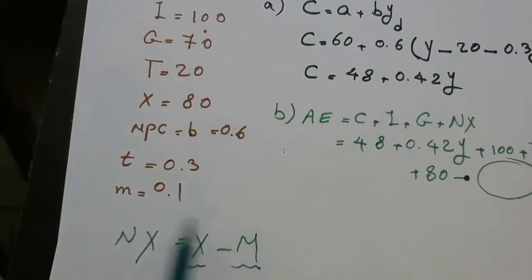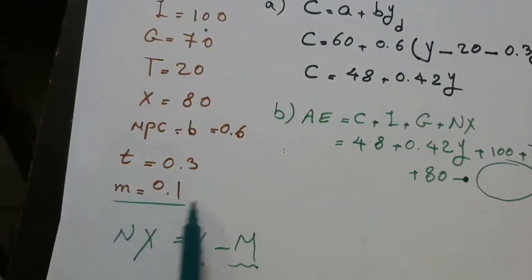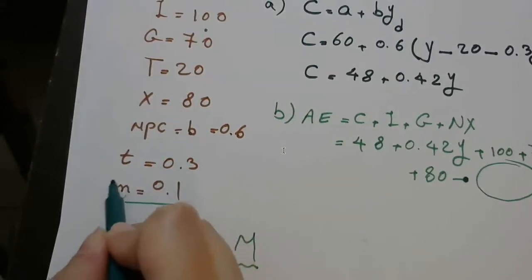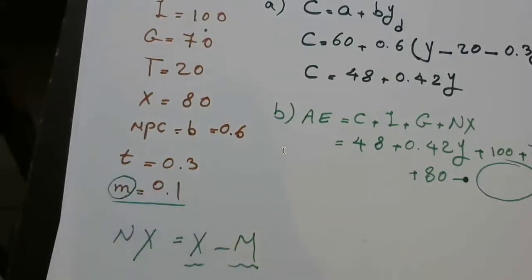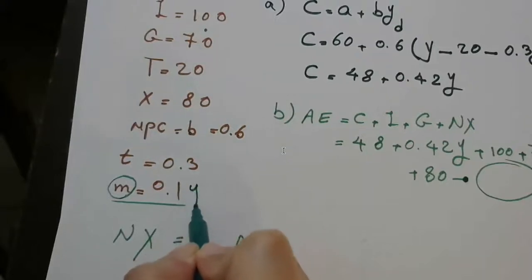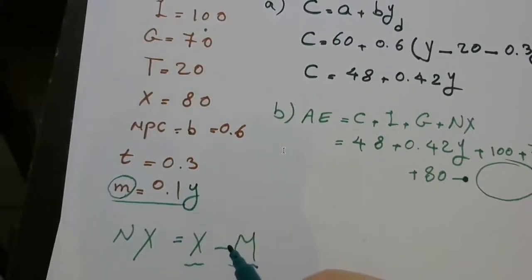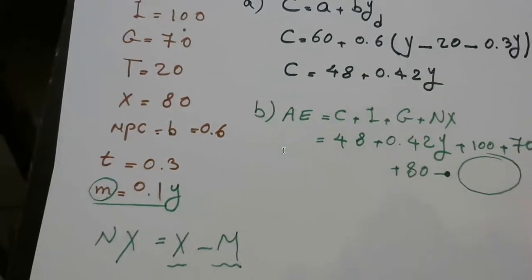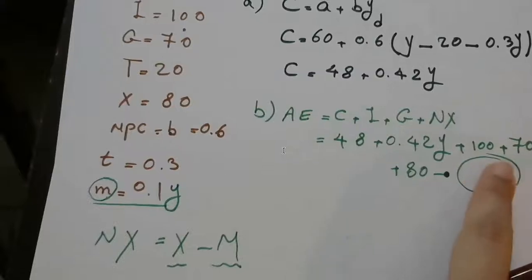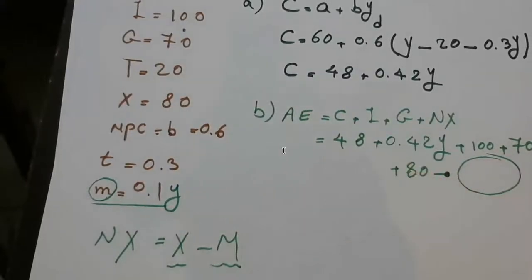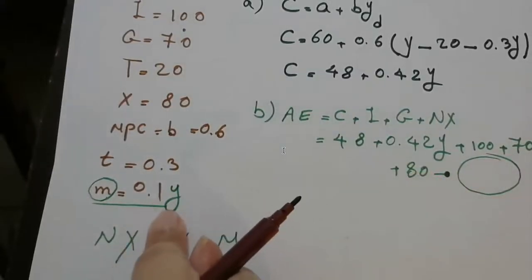Now this time the question is giving us the import rate, so that's why this is small m, and it means it is part of our income. The only important part of this question is that when you want to replace this M, here we don't have any autonomous M. We have induced M.